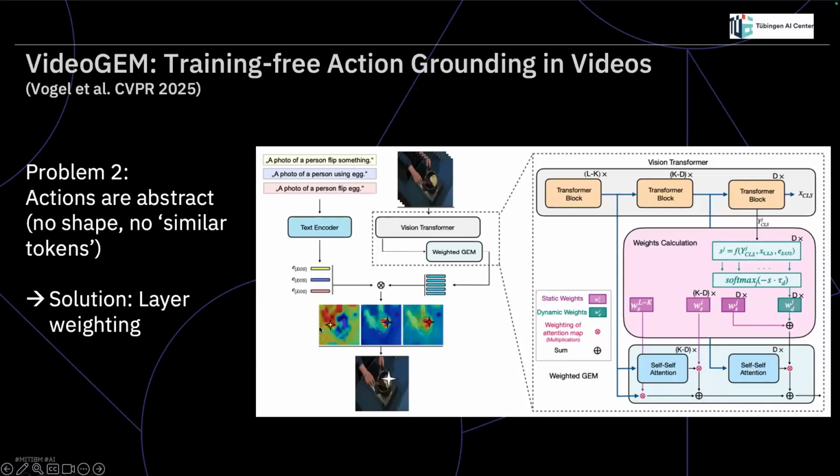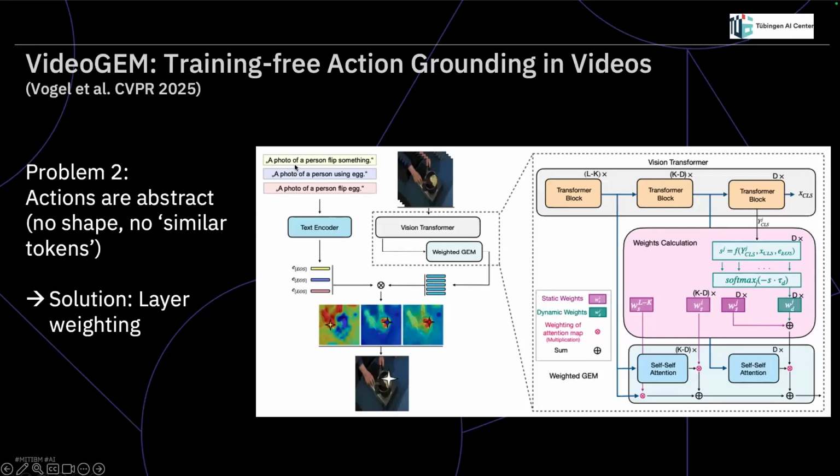Maybe, for example, for objects, we can start a bit earlier in accumulating those, versus for actions, we should give the last layers in this whole pipeline a tiny bit more weight.